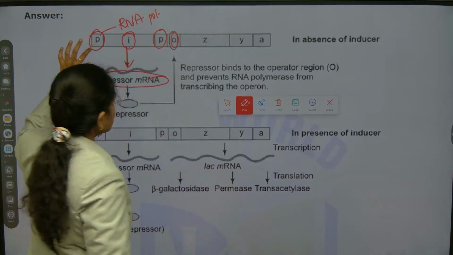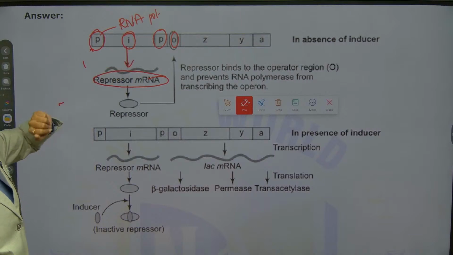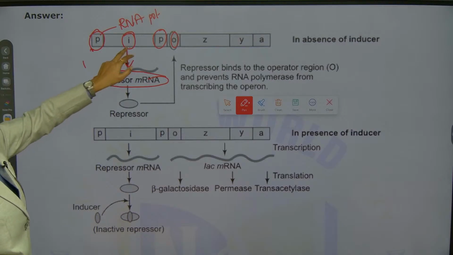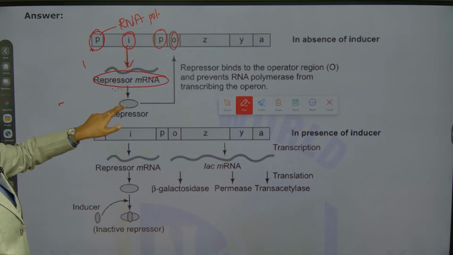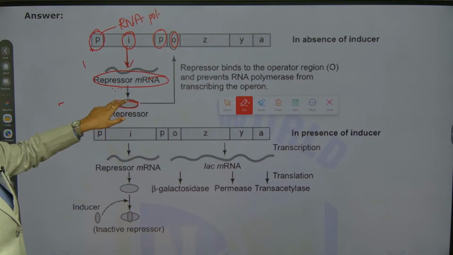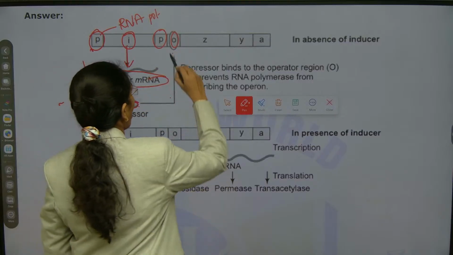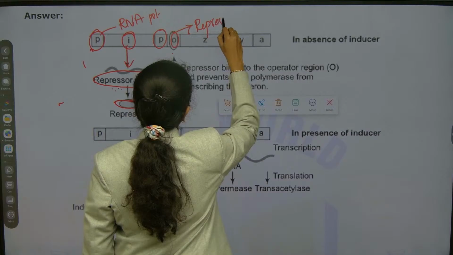So, first when RNA polymerase is bound to the promoter, this will initiate the process of transcription, and the I gene will be releasing out the repressor mRNA. This will give out the repressor. Repressor will go and bind to the operator region. Repressor will bind with what region? Operator region.